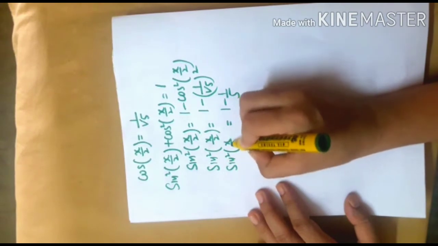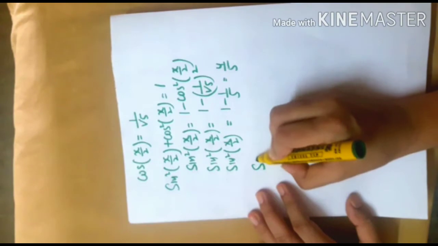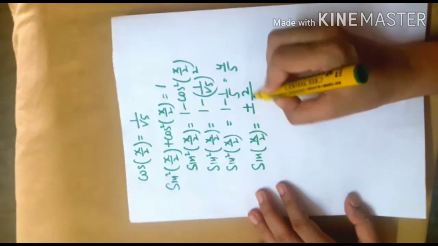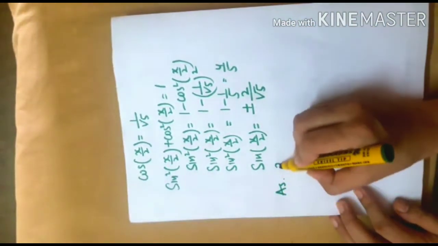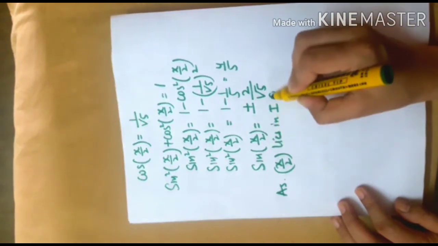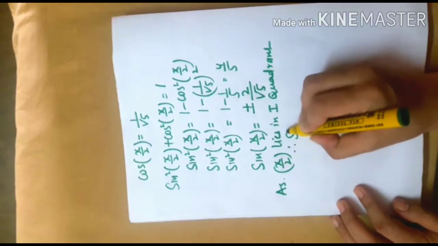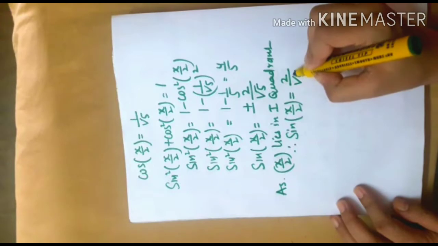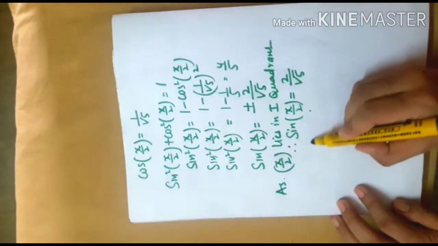So sine square x by 2 will be 4 by 5. So sine x by 2 will be plus minus 2 over root 5. Now again, as x by 2 lies in the first quadrant, therefore sine x by 2 should be positive. So therefore sine x by 2 will be 2 over root 5.